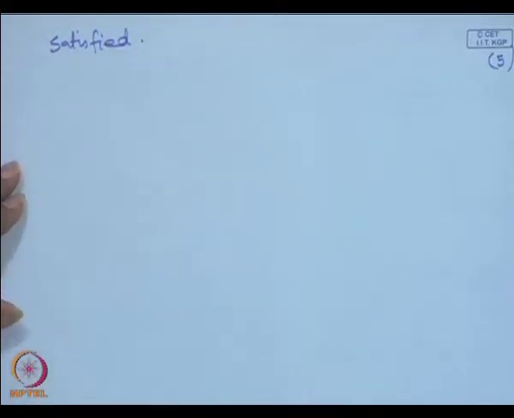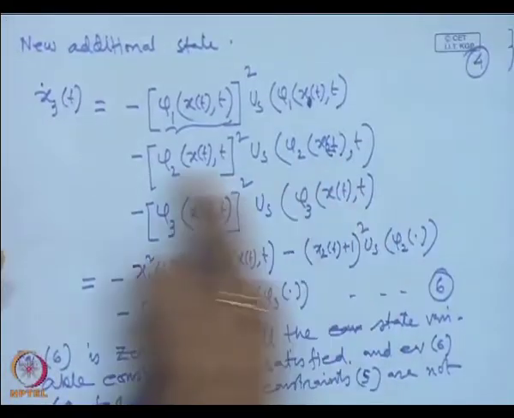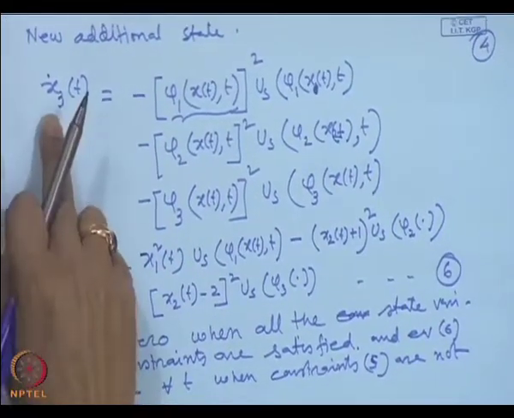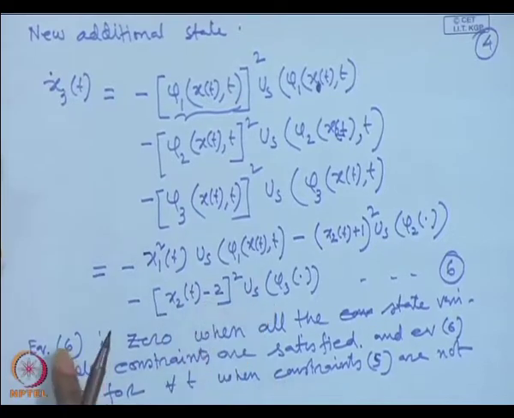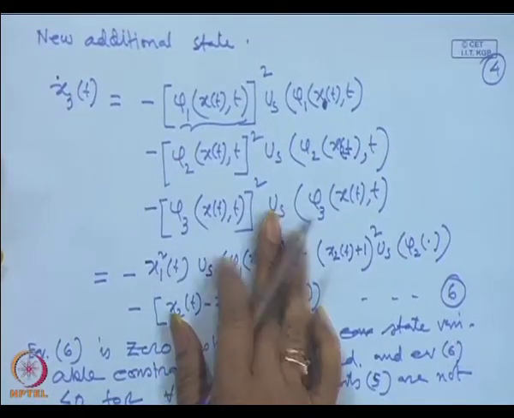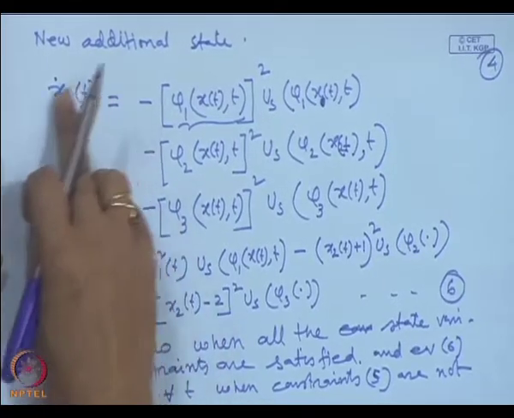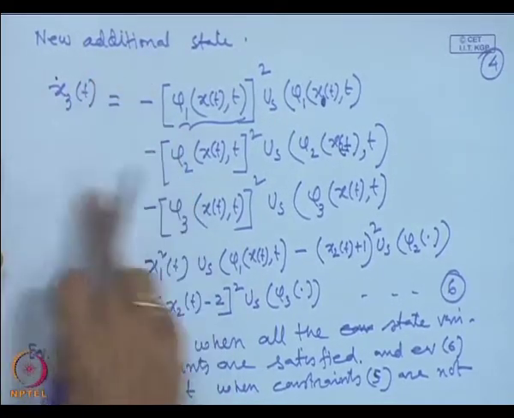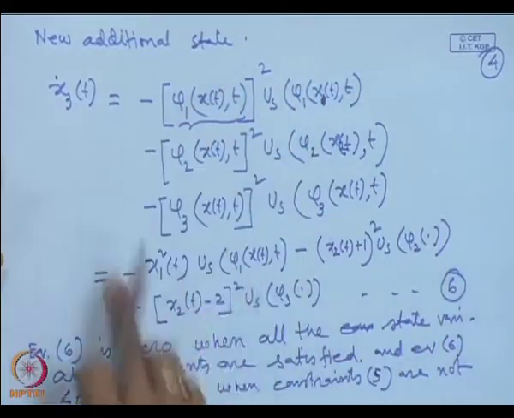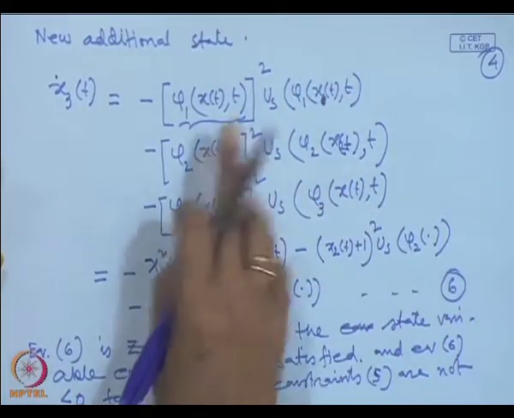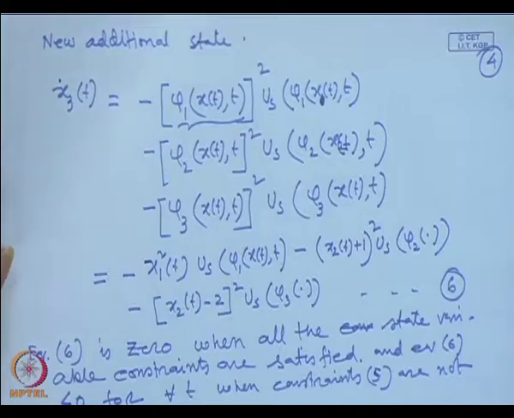So, we made a conclusion from this that x 3 dot is 0 when all the constraints are satisfied, and x 3 dot is not equal to 0, it is greater than 0, when the constraints are not satisfied.